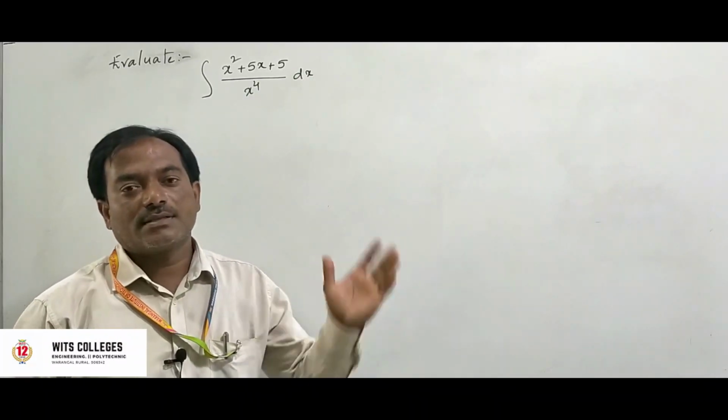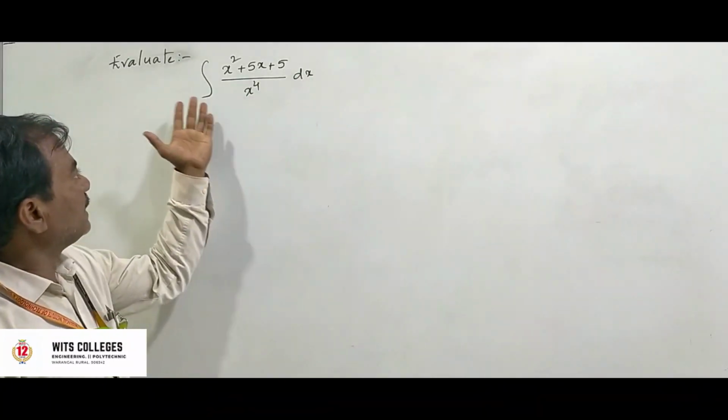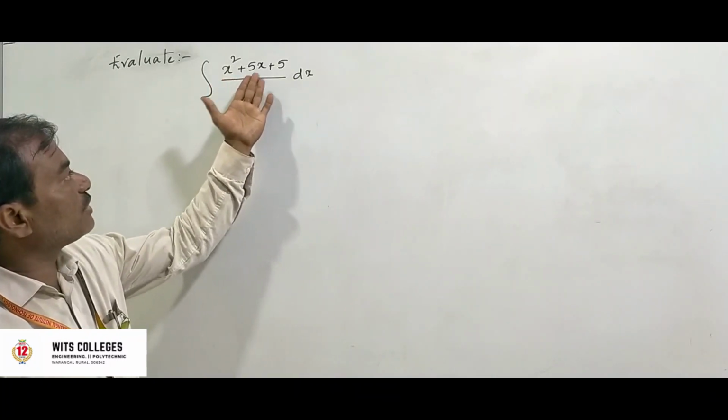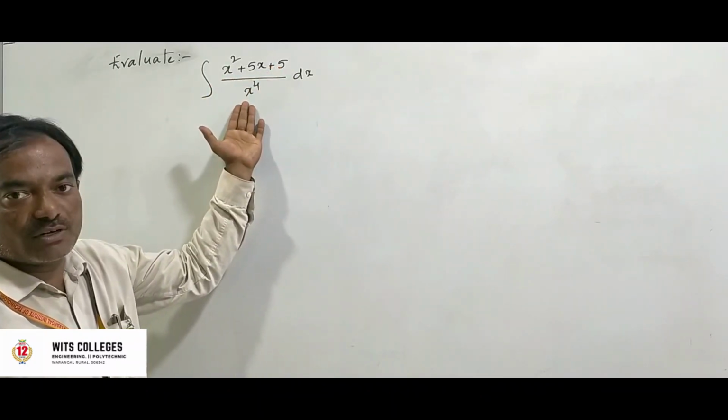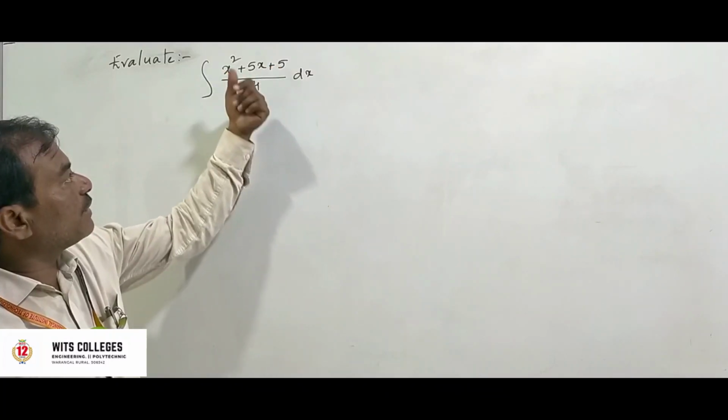So this is the second example. Evaluate the integral of x square plus 5x plus 5 divided by x to the power of 4. So this is in the form f of x by g of x.